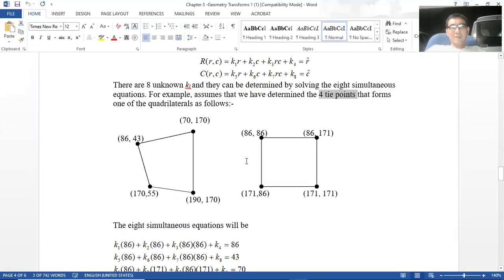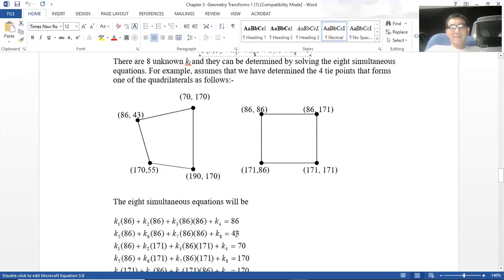In this case, R prime and C prime are 86 and 43, and R and C are 86/86. So with one tie point, we have 2 equations, one from the R prime and one from the C prime.